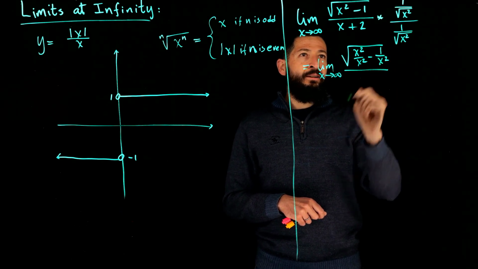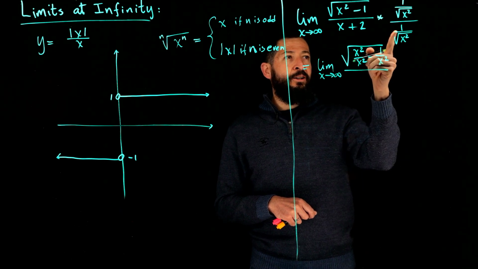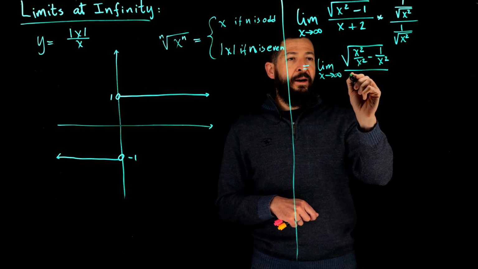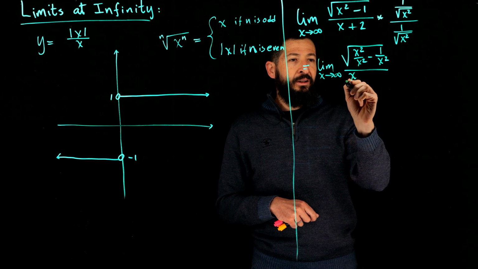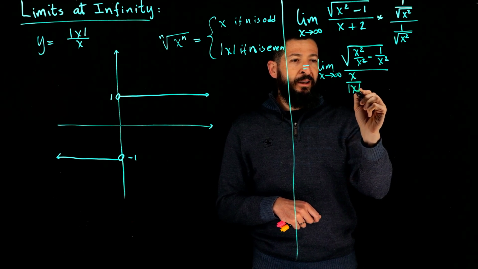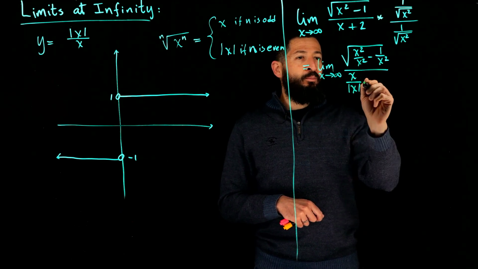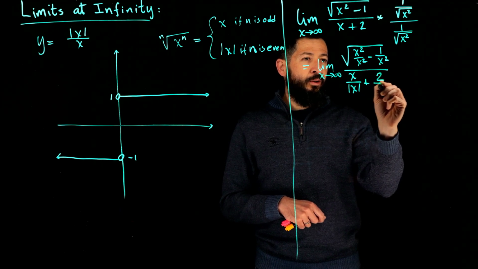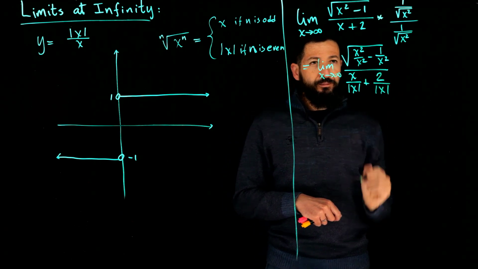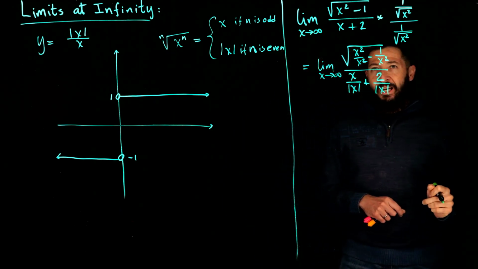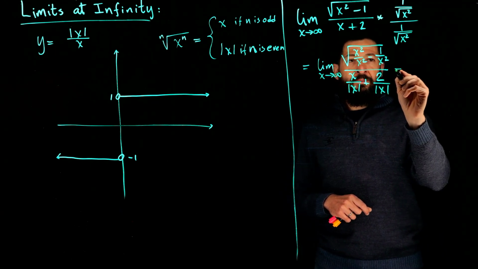And this one in here gives me something of the form x over the absolute value of x, and then plus 2 over the absolute value of x. So at that point, this one becomes a 1.